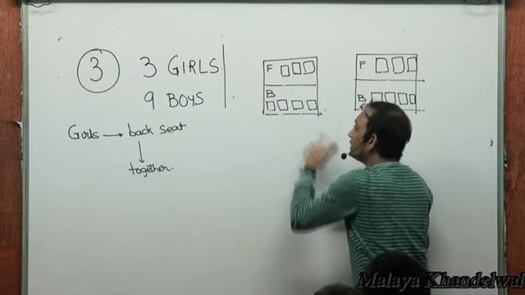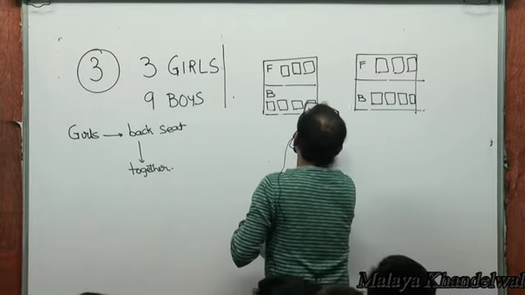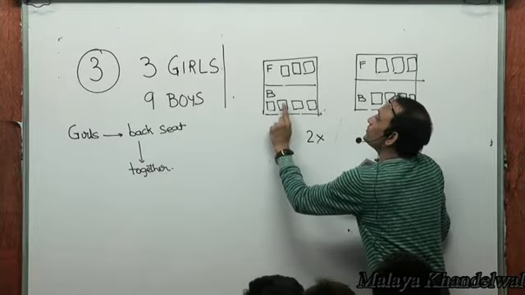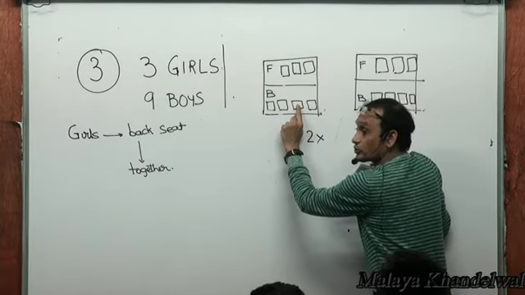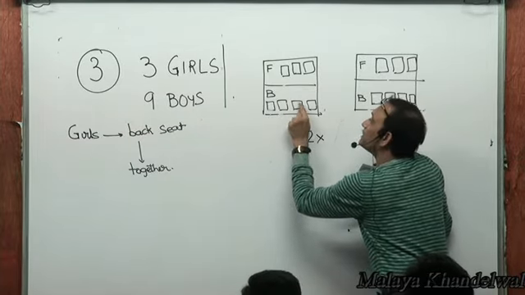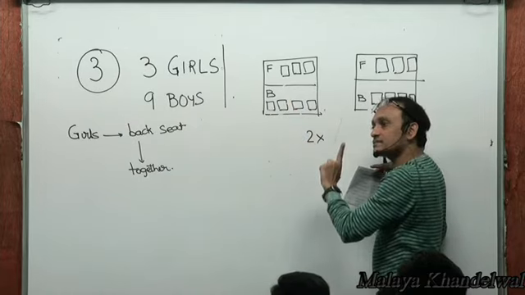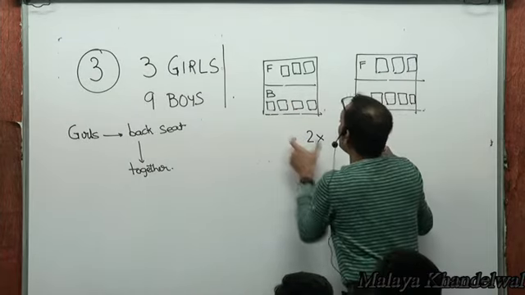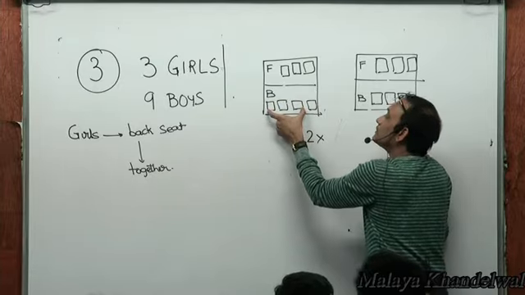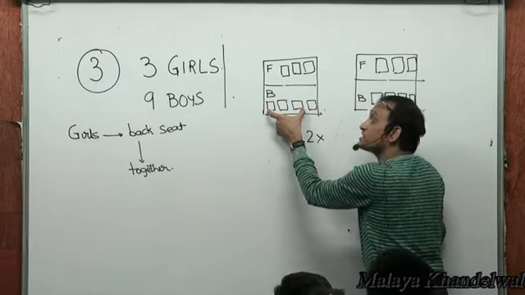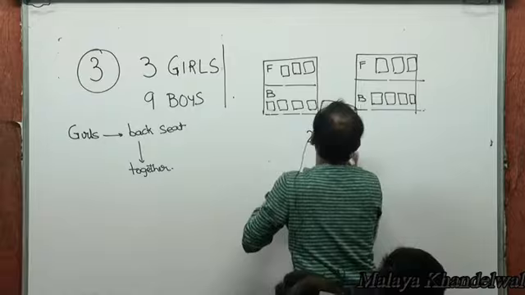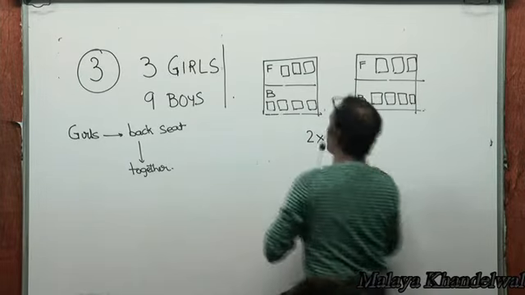In each van, the 3 slots could be selected for the girls to be seated together, could be either first, second, third or second, third, fourth. 2 ways, right? Now, each time you have selected 3 slots, in those 3 slots, the 3 girls could be accommodated in 3 factorial ways.